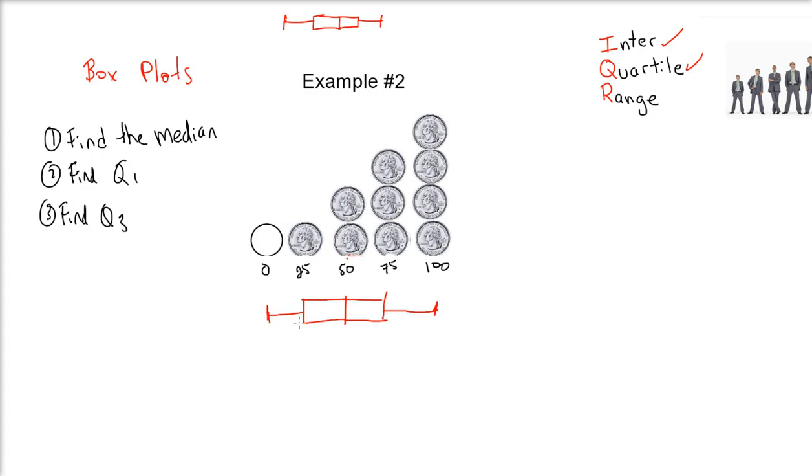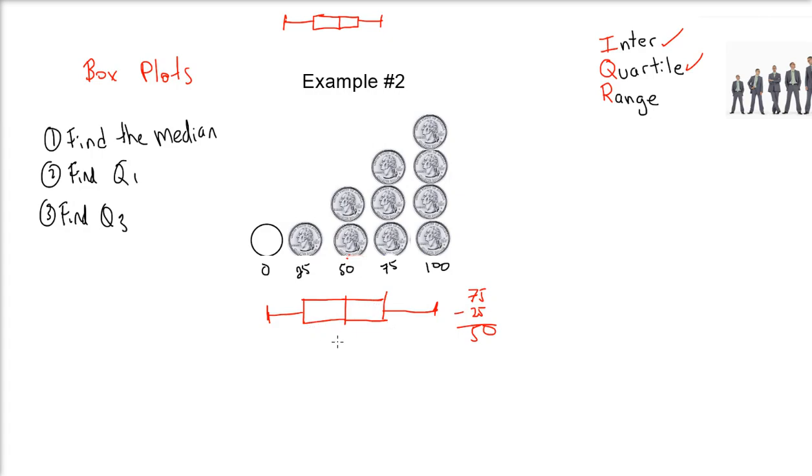So let's find the interquartile range. We're interested in how many numbers are between 75 and 25. I don't know why I put 50, it's going to be 75 and 25. There's 50 numbers in between.